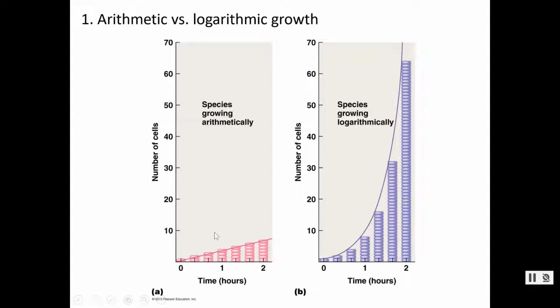When we're talking about bacteria cells replicating, we go from one cell to two cells, and then both of those two cells undergo binary fission, and so now you have four cells. All four of those cells undergo binary fission and replicate, and now you have 8 cells. This is called a logarithmic growth scale.